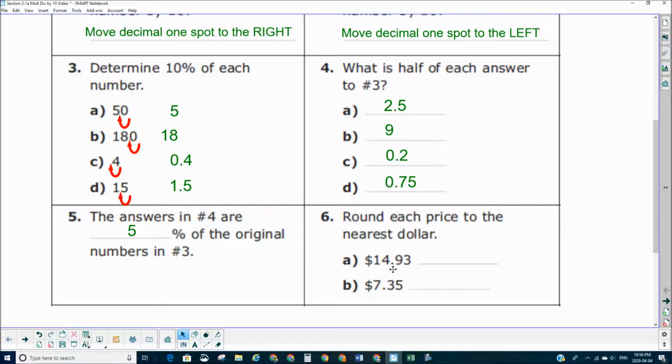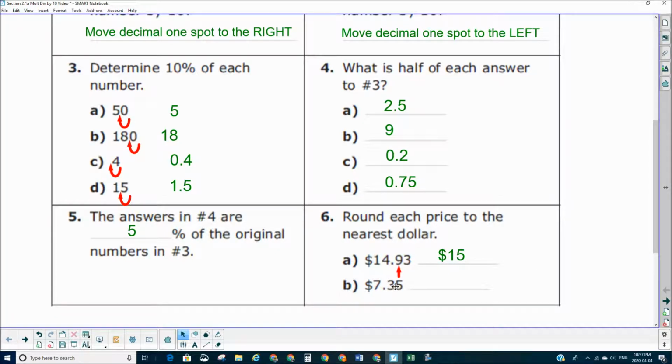To do that, we have to go to the tenths position, the first decimal place, and look at that number. I think we're all confident to say that 9 is bigger than 5. Remember, when the number is 5 or bigger, we round up. 93 cents, or 90 cents, is closer to $15 than it is to $14. So we round this one up, and this is just $15. This will be a friendlier number for us to go on and use.